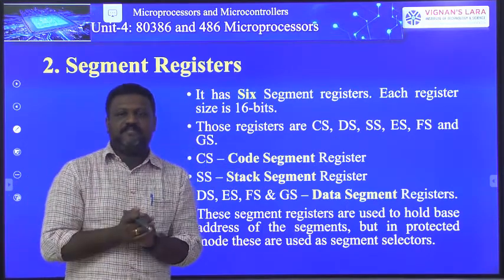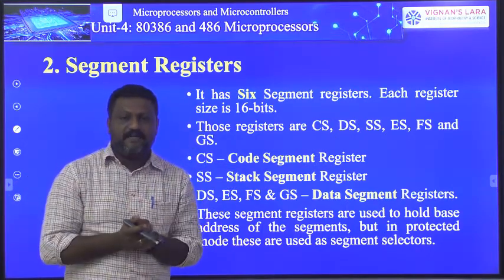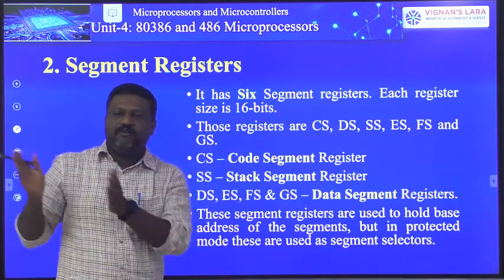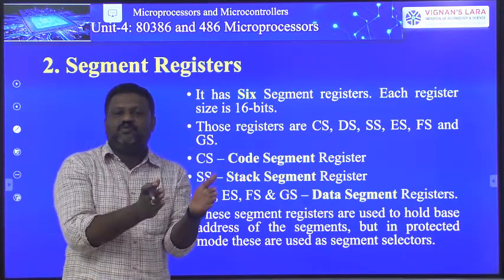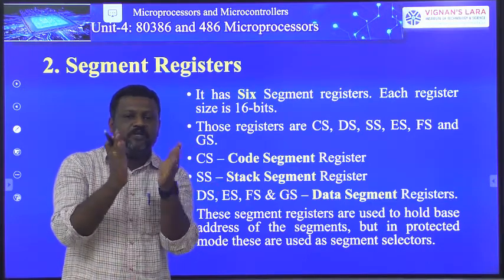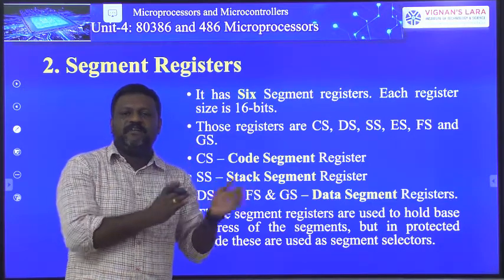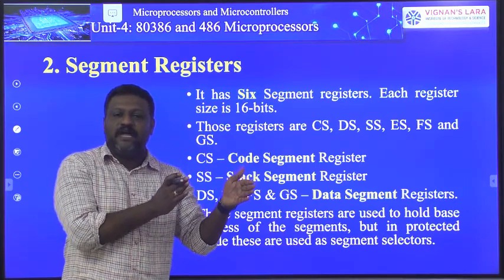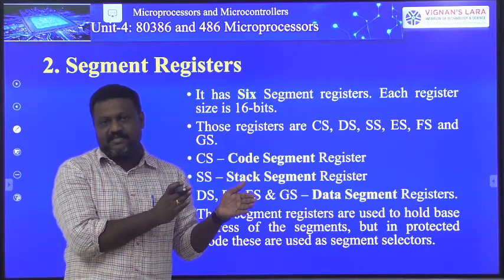And you remember, friends, the job of these segment registers does not change when moving from 8086 to 80386. What we know about the functionality of our segment registers in 8086, the same thing we can apply for 80386 segment registers.